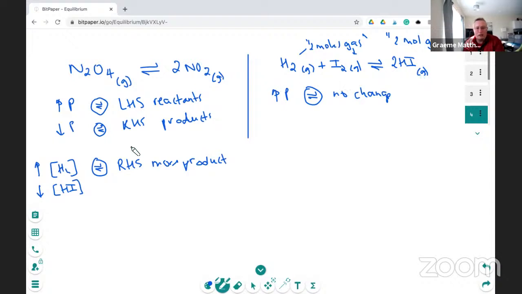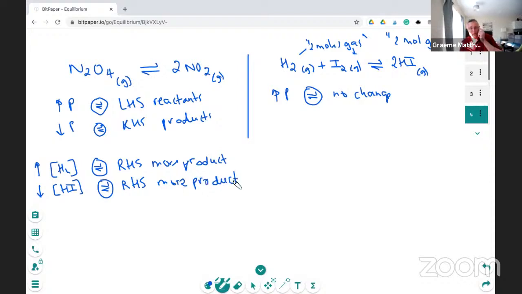If you decrease the concentration of hydrogen iodide, like you took it out of the system somehow, the equilibrium position is going to move over to the right-hand side, because it moves toward the side you take away from. Again, you would form more product. Right then.